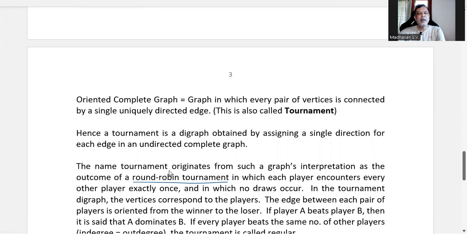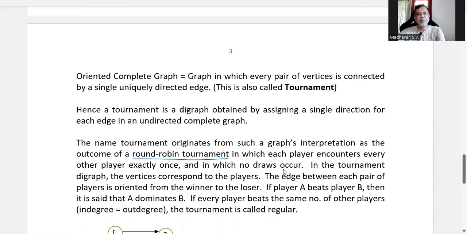The name tournament originates from such a graph's interpretation as the outcome of a round-robin tournament. It's a game in which each player encounters every other player exactly once and in which no draws occur. Means somebody will be a winner and somebody will be a loser. There will not be any draw.